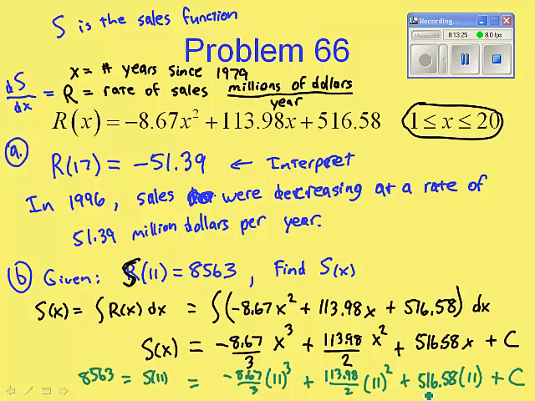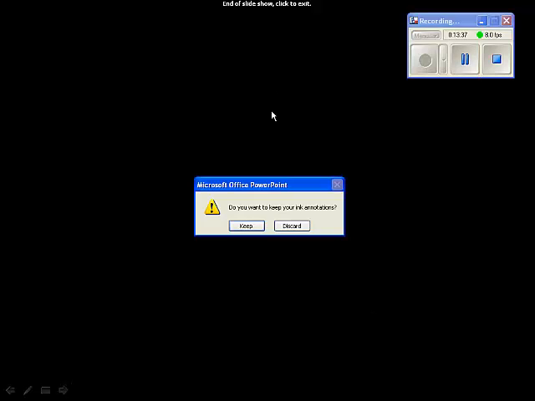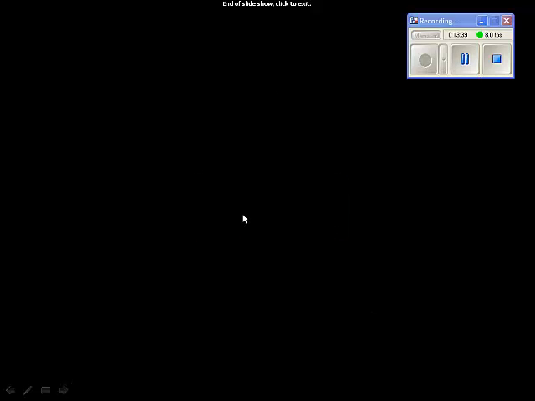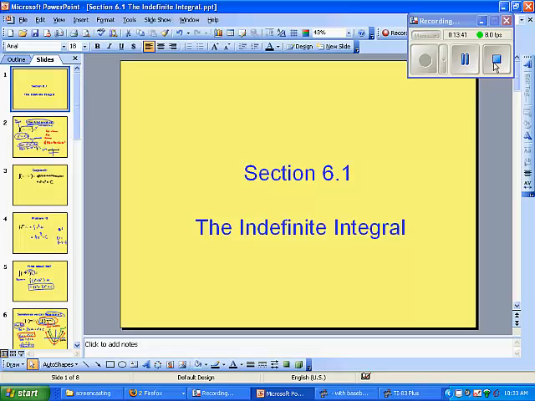You would now be able to solve that and figure out what c is. I'm not sure I want to, but I will. So let's see. Need a blank sheet. I'll do it on the board. We'll just stop it here.